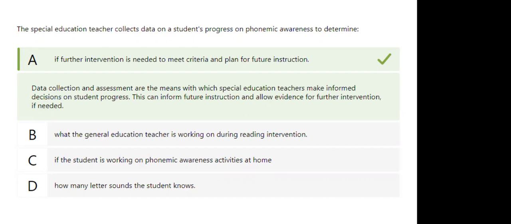They are the deliverer of the information on the IEP to the general ed teachers. So the special education teacher has that obligation to stay on top of what that student's progress is in those areas that we had a present level presented on their IEP.